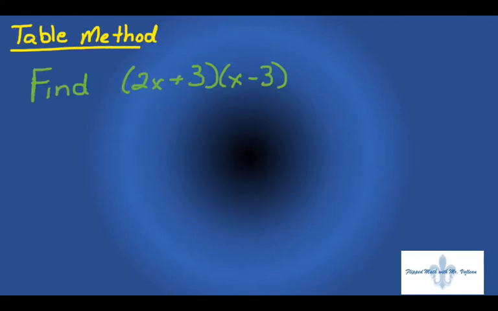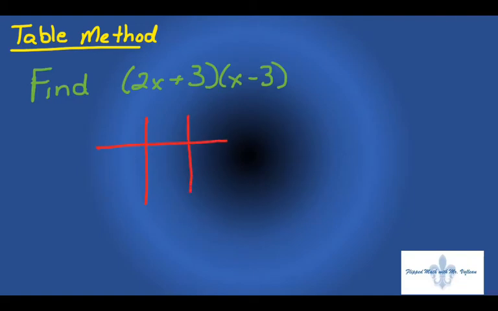Now, the next method we're going to look at is the table method, and this one is very much the same. We're going to divide out these terms and create a table of our different values.